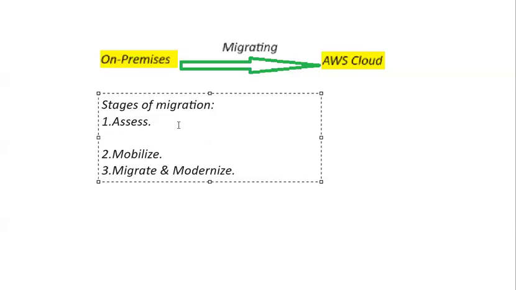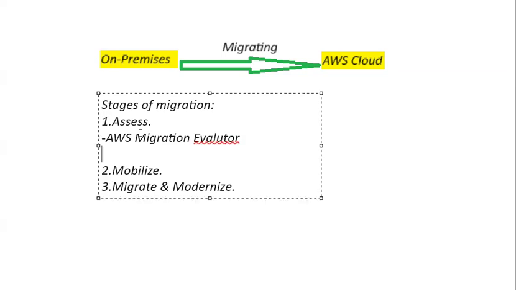For the assess stage of migration, what AWS services do we need to concentrate on? We need to concentrate on major AWS services like AWS Migration Evaluator, and AWS Migration Hub.